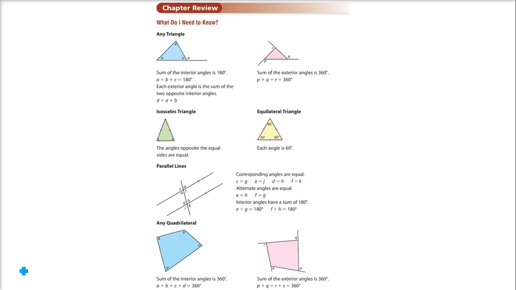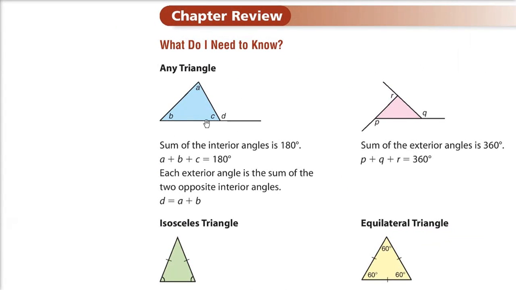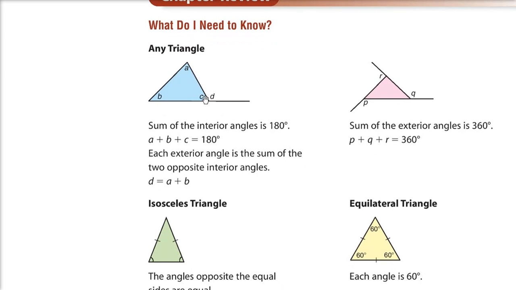So what do we understand here? Let us review. We found that for any triangle, the sum of interior angles is 180 degree. A plus B plus C equals 180 degree. And each exterior angle is the sum of the two opposite interior angles.